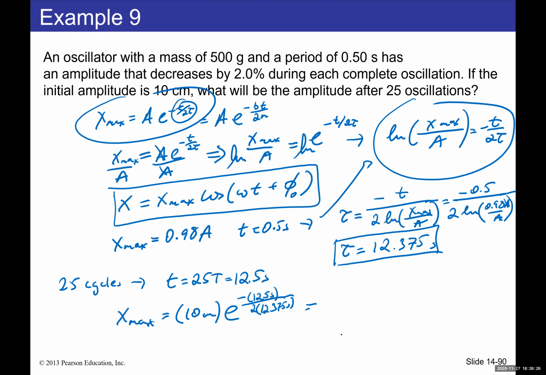If I calculate this, I'm going to get 6.0 centimeters. Because I use centimeters here, I get centimeters there. That means now the amplitude is 6 centimeters rather than 10 centimeters at that time. And that's our solution for this example.